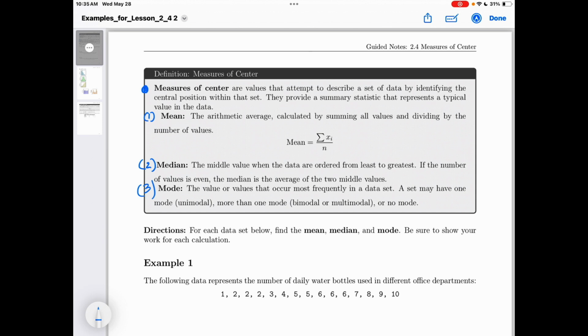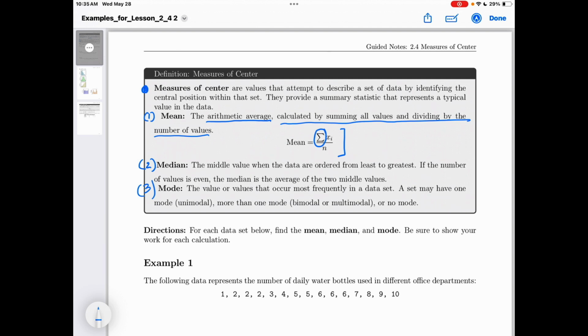The mean is when we take an average to find the center of all the values. The mean, which is also known as the arithmetic average, is calculated by summing all the values and then dividing by the number of values. That's what this equation means.